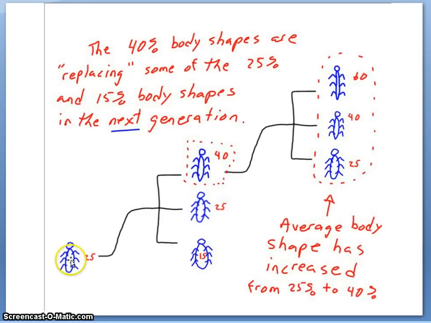And that's what we see here, starting with individuals, say, on average 25% stick-like body. Over time, the average is getting higher. So the average body shape has increased from, say, 25% to 40% in this generation. And it'll keep on going until individuals are just very well camouflaged in their environment, what we call the 100% stick insects.